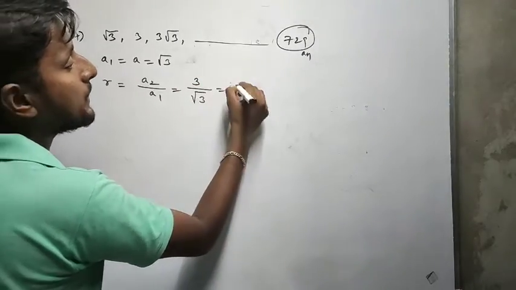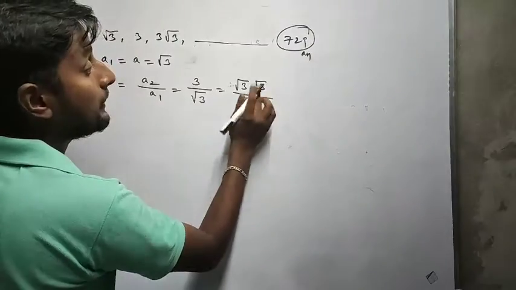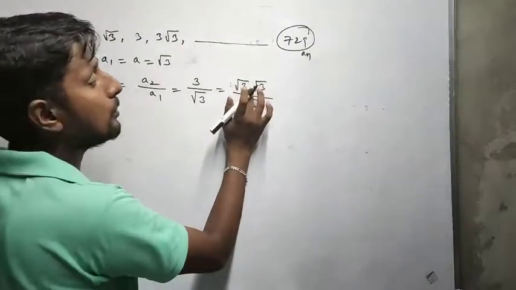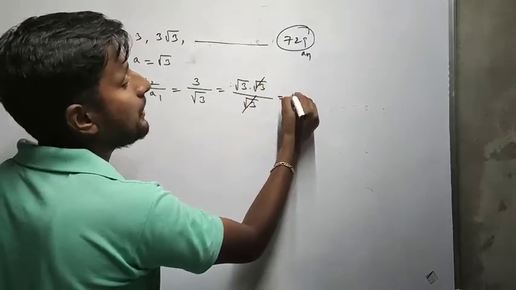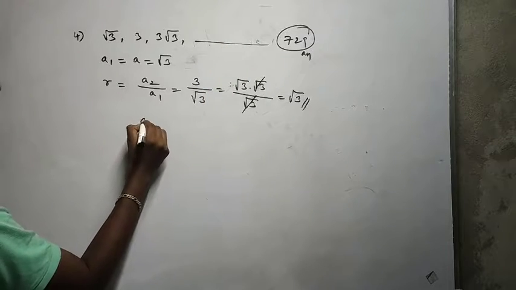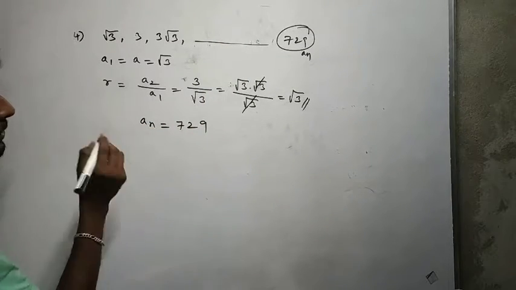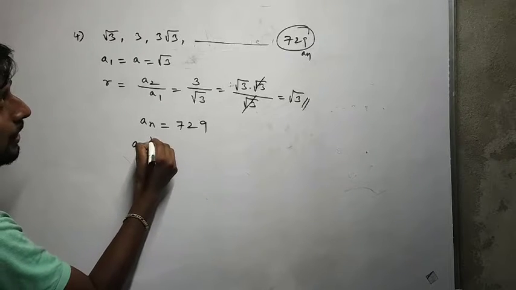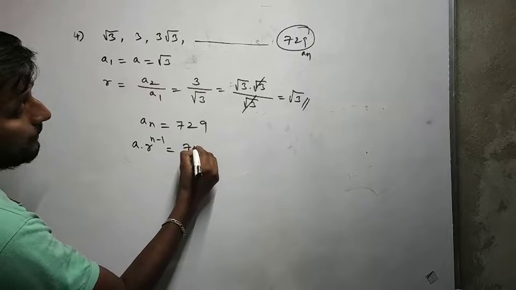But 3 we can express as root 3 into root 3, divided by root 3. I express 3 like that because root 3 into root 3 gives 3 again. So both get cancelled. The answer is root 3. The common ratio is root 3. So then what have I written? The nth term is 729. The nth term we know is a into r whole to the power n minus 1, that is 729.